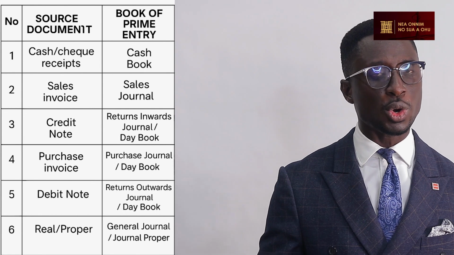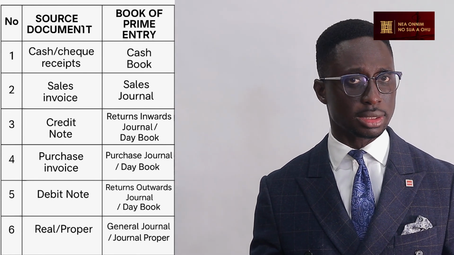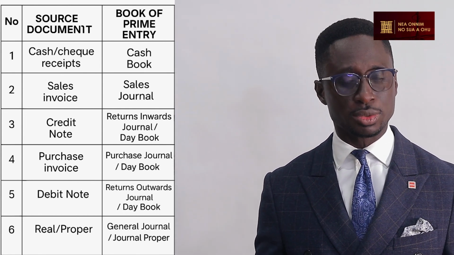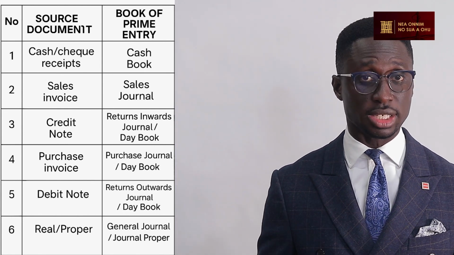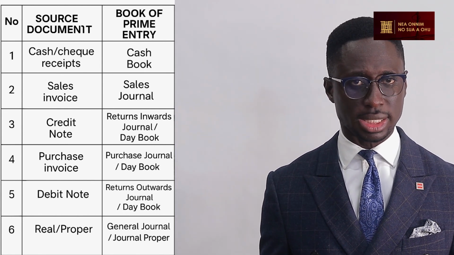So that is where all of those adjustment-related transactions will be recorded, which is the general journal. I hope that is clear. Good. So now that we are clear in our minds what our books of prime entry are, into which the various transactions arising from the various source documents will be recorded, now we are done with recording.